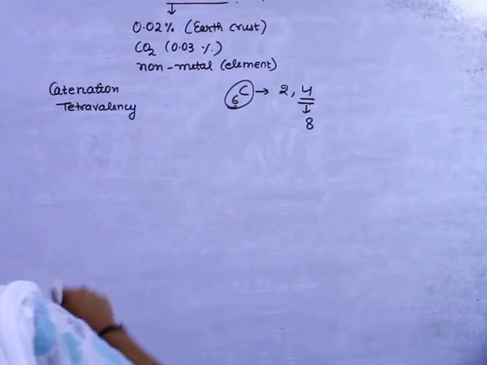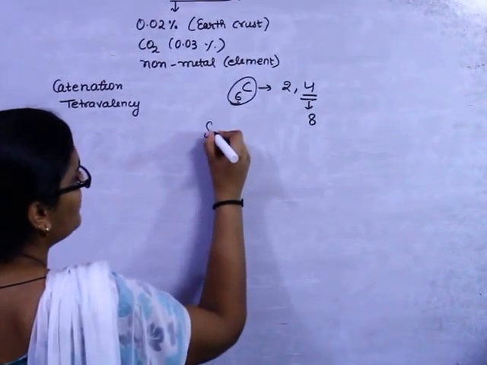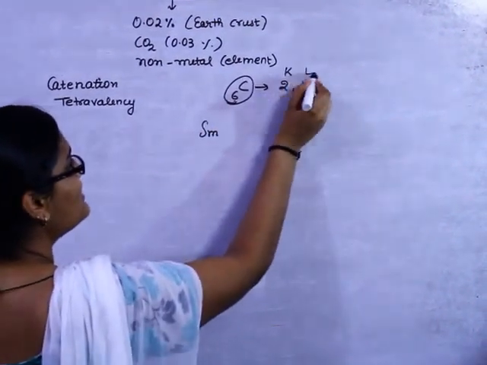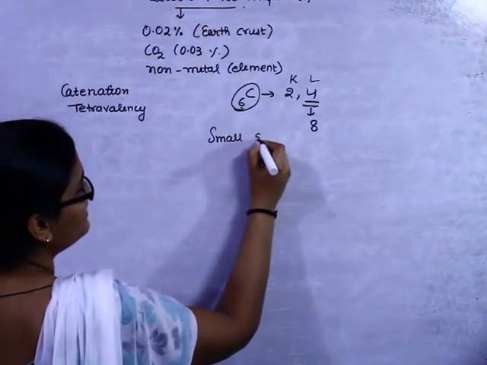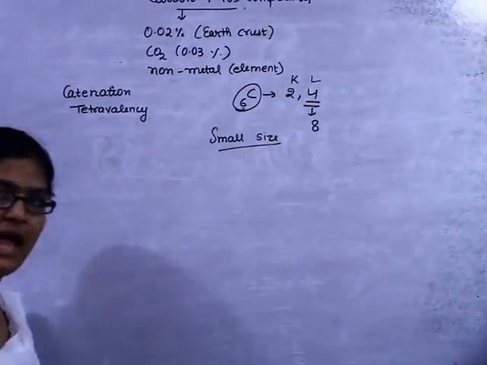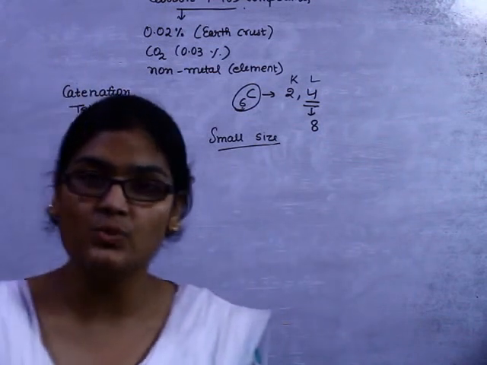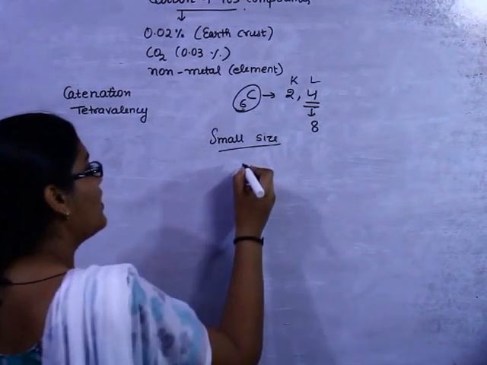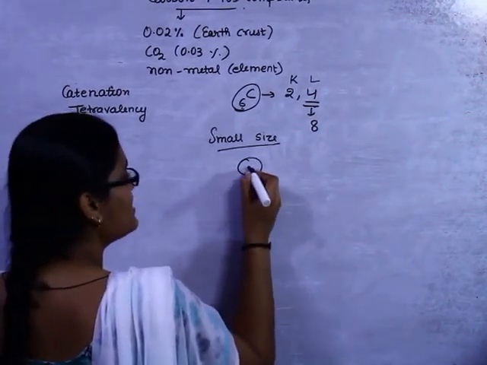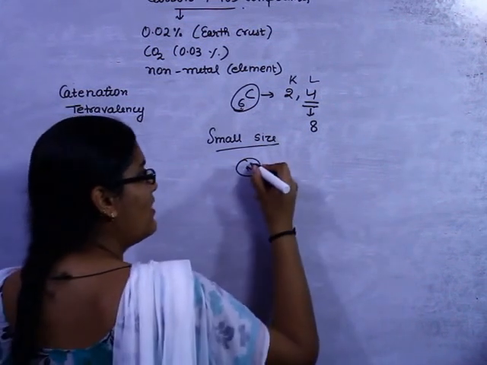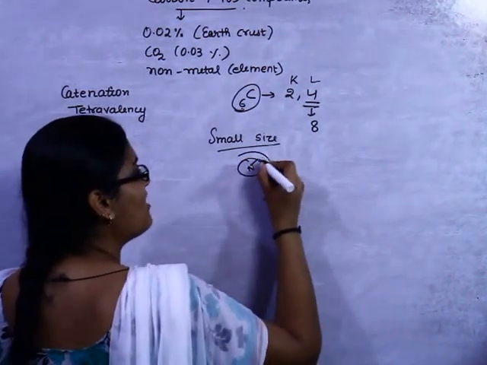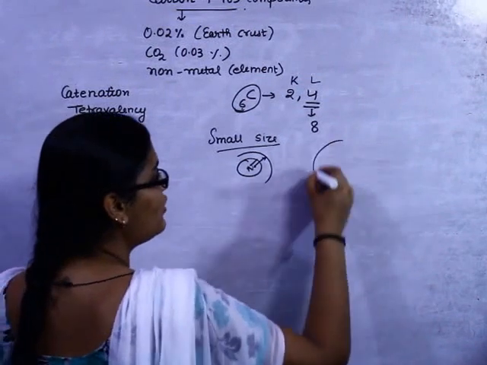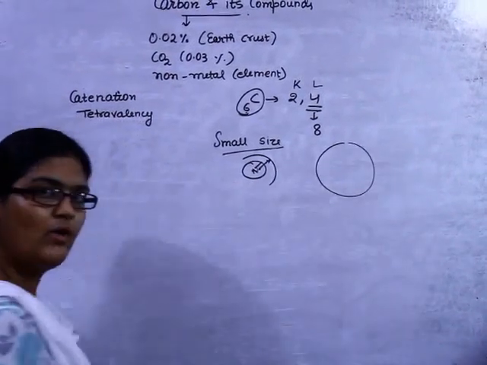Why is this so? As you know, carbon has only 2 shells, that is, it is a small-sized element. Having small size means the nucleus and the outermost shell are very near. Here are two atoms: this is the larger one, this is the smaller one. Obviously, the nucleus is nearer to the valence electrons, that is the outermost shell, in the smaller one.